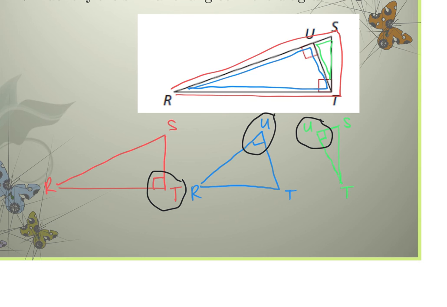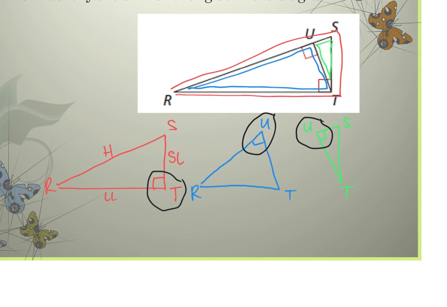And then let's label. What's the smallest leg in the red triangle? ST, right? So put SL where ST is, put LL where RT is, and put H where RS is.